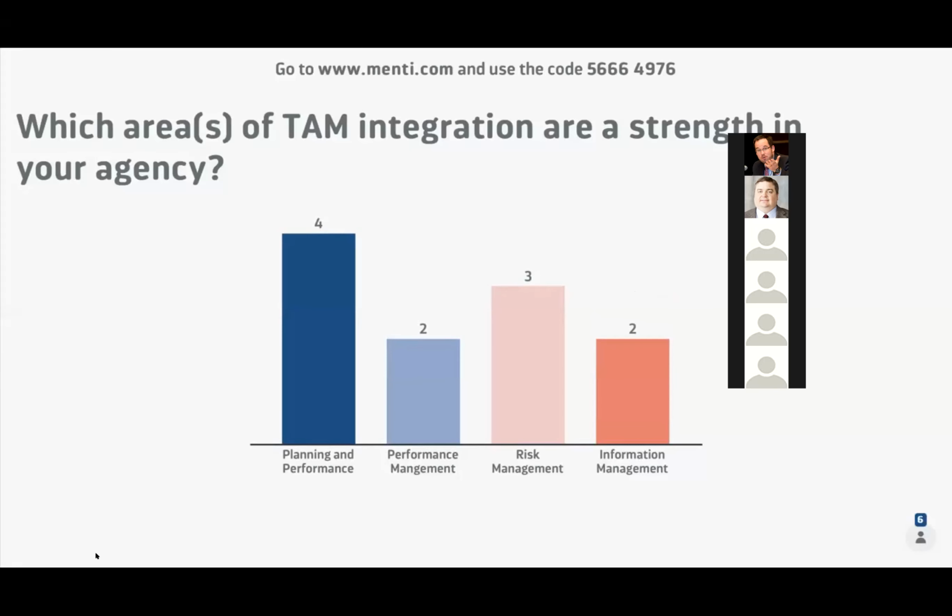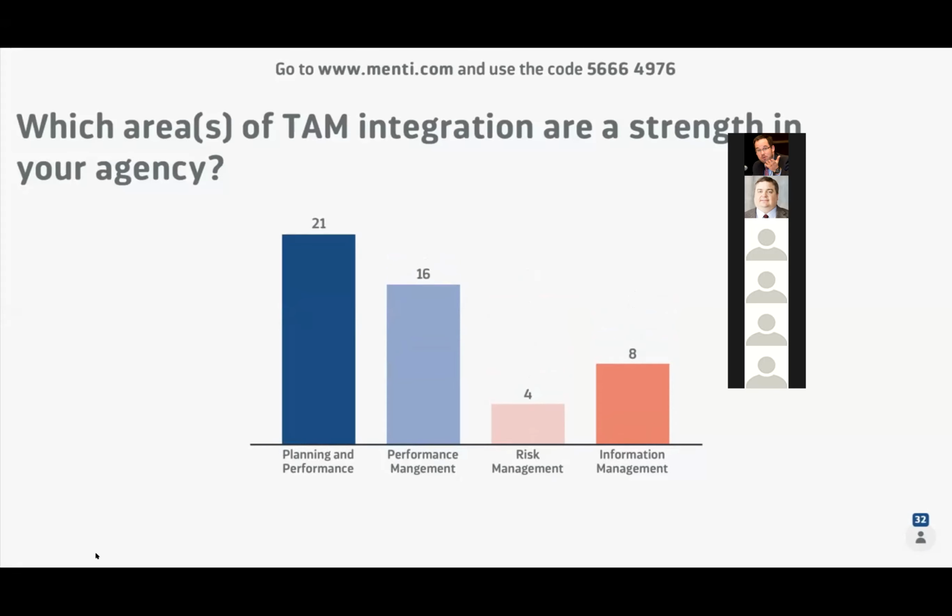From a risk management perspective, is your TAMP risk process well integrated with broader enterprise or project level risk management processes? And from an information management perspective, there is information that is used to inform the TAMP and make decisions within a TAMP, but is that information also available to others when they need it to be able to make informed decisions?